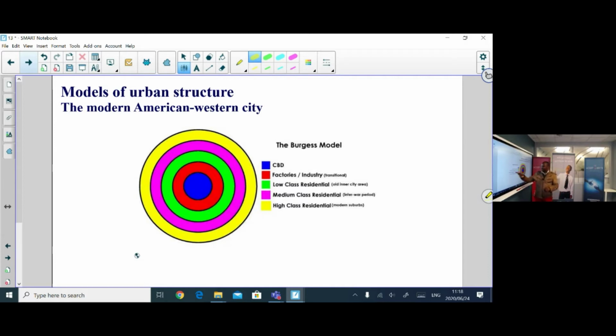So this is the period when the medium class residential area was built. So now on the outskirts, we have the high class residential, which are modern suburbs.